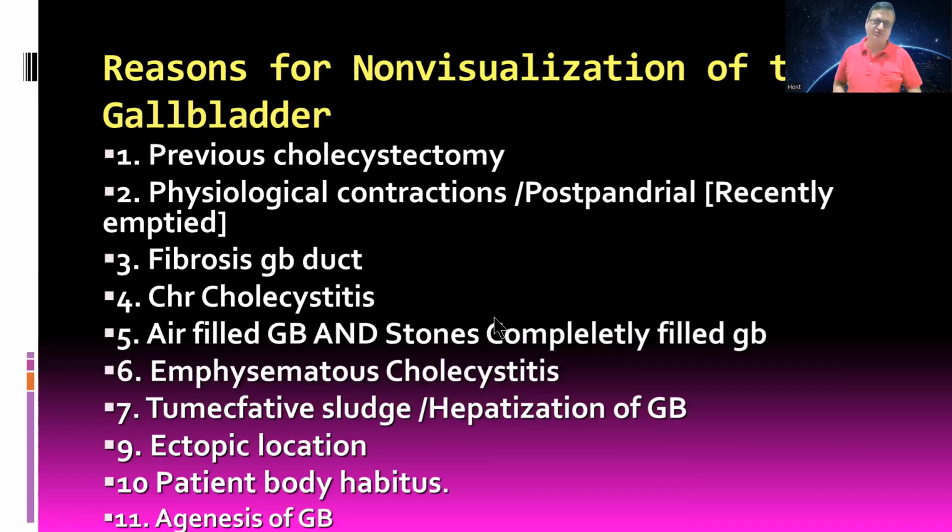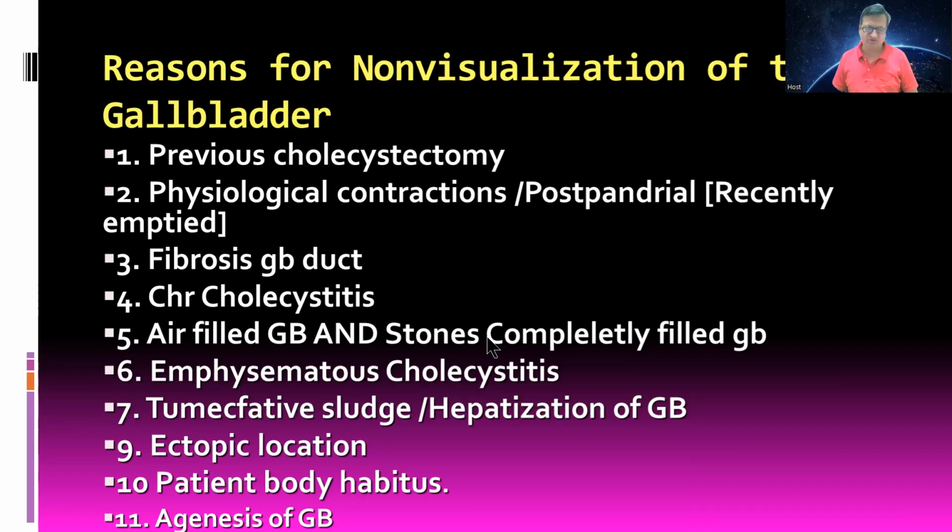What are the reasons where you may not locate the gallbladder? So, previous cholecystectomy, in which case the gallbladder has been removed; a physiological contraction or postprandial gallbladder, where it has recently emptied after taking meals; it may be due to cystic duct fibrosis; it may be due to chronic cholecystitis, when the gallbladder is filled with air or stone completely fills the gallbladder; emphysematous cholecystitis; tumefactive sludge or hepatization of the gallbladder, where we are unable to see the gallbladder clearly.